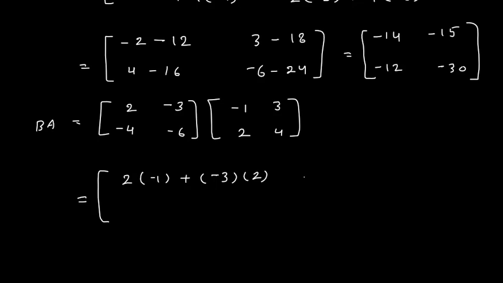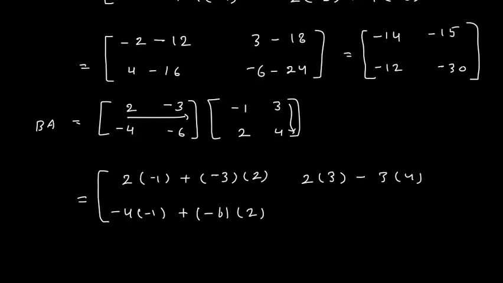Here we get 2 into 3 minus 3 into 4, and in the second row this is minus 4 into minus 1 plus minus 6 into 2. Here it is minus 4 into 3 and minus 6 into 4. Either I write plus minus 6 into 4 or this minus 6 into 4. They are one and the same thing.